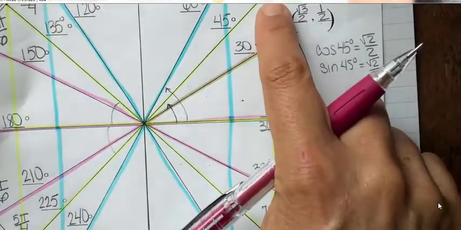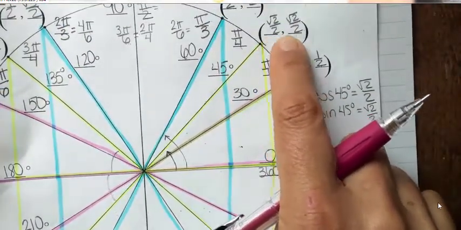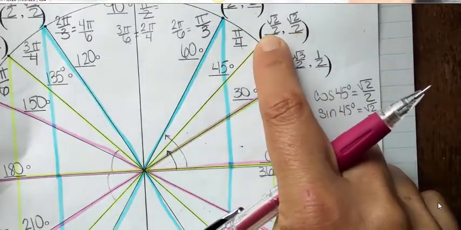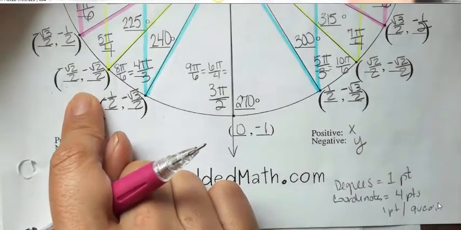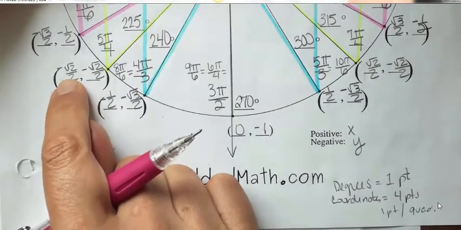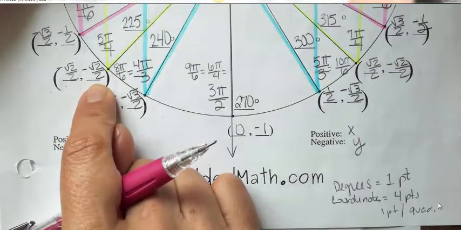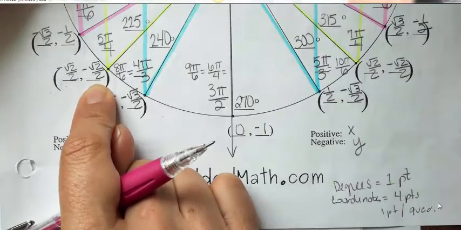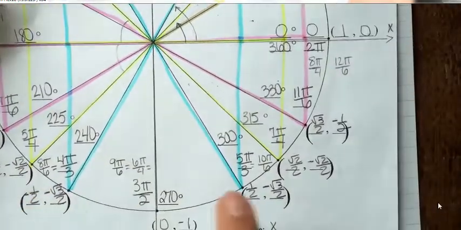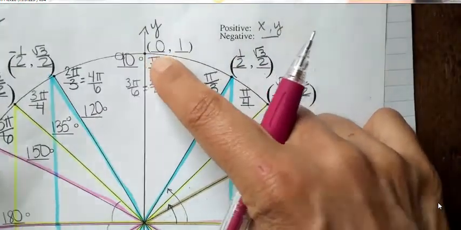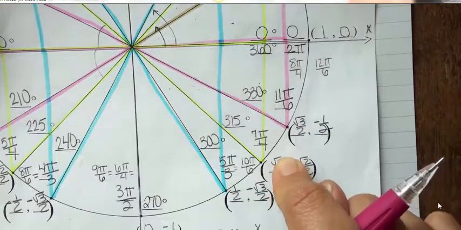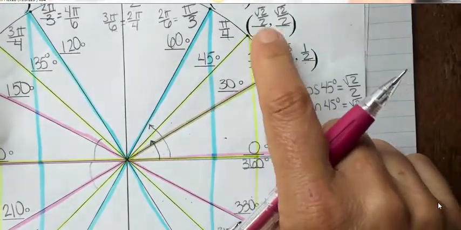I said, how do I know if it's 45 degrees, which was going to give me a positive 1, because this over this will give me positive 1. Or what about 225 degrees? Where a negative root 2 over 2 divided by a negative root 2 over 2 will also equal a positive 1. Well, the tan inverse function is restricted between negative pi over 2 and positive pi over 2. So it could only be in quadrant 1 or quadrant 4. So that's why I knew that it was here.